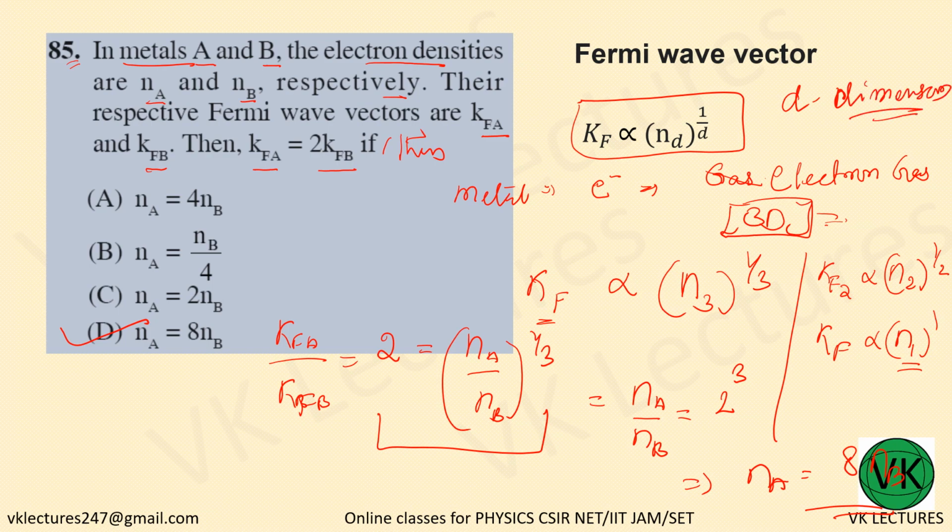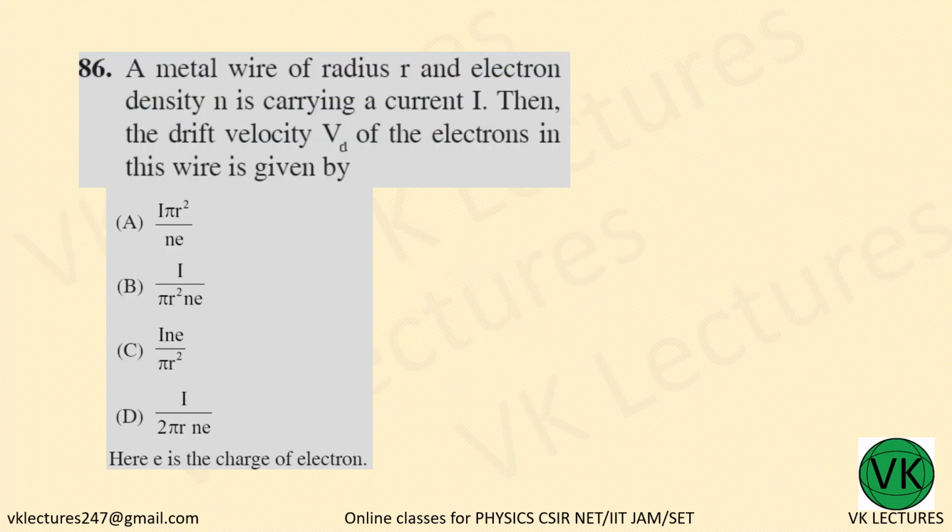A metal wire of radius r and electron density n is carrying a current I. Then what is the drift velocity Vd of the electron in the wire? Drift velocity Vd is given by I divided by nEA, where A is the cross sectional area, which means pi r squared.